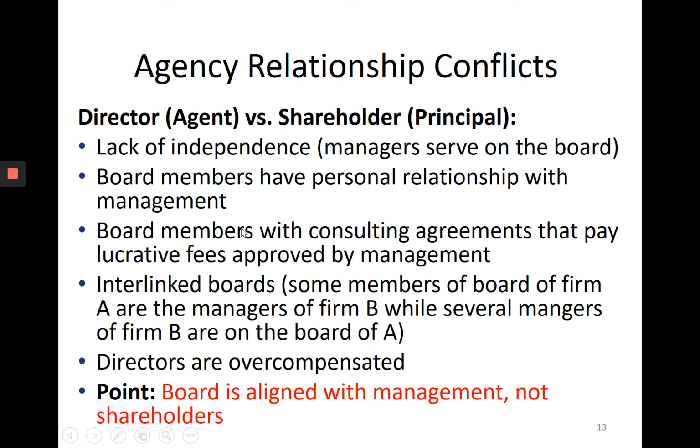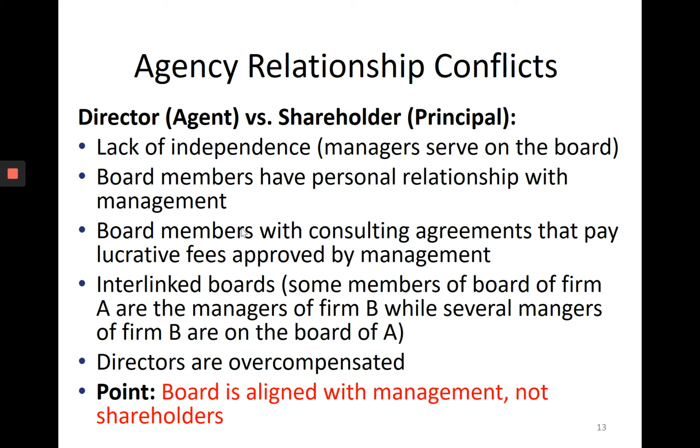Let's now focus on the directors versus the shareholders. There are a number of problems that are well understood and have to do with directors. The first item is lack of independence.